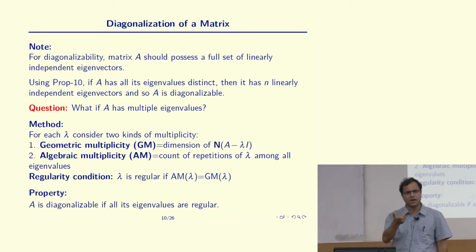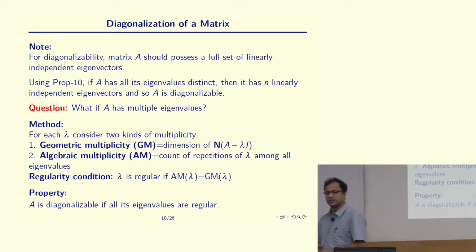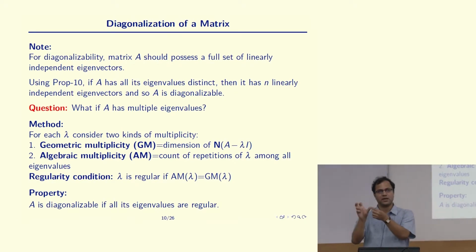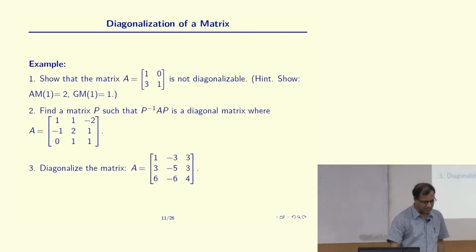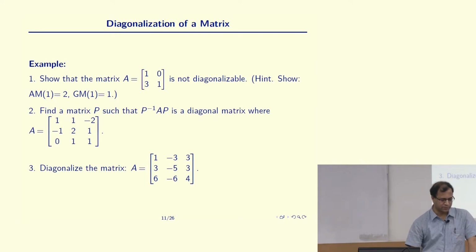But there will be some examples where corresponding to one lambda, even if it is repeating say 3 times, the number of eigenvectors corresponding to that particular lambda is 2. In that case, this is not equal. We are not able to find the complete set of linearly independent eigenvectors. We cannot diagonalize. For example, consider A equal to [1 0; 3 1].